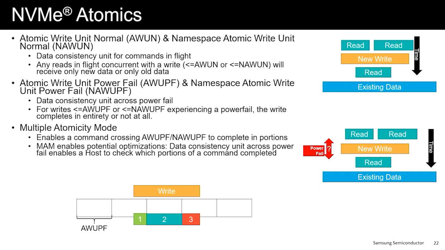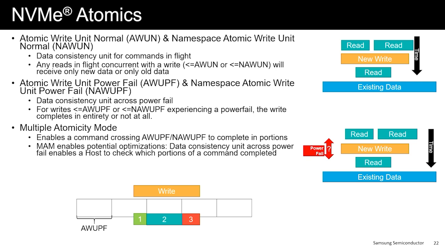I think another thing that relates to this really well, and I would be remiss if I didn't mention it, is multiple atomicity mode. When we have a write that's very large, shown here in orange, you have those AWUPF boundaries that are quite small fitting within. The multiple atomicity mode says within section 1, 2, and 3, individually, they will either complete atomically or not complete atomically.